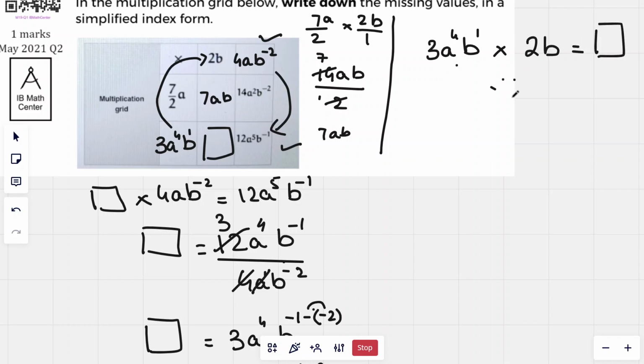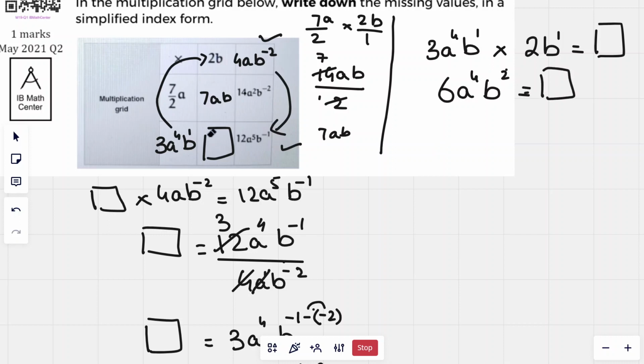So 3 multiplied by 2 is 6. A to the power 4, and there's no term in a here, so a to the power 4 will remain as a to the power 4, and b to the power 1 multiplied by b to the power 1 is b to the power 2, because when you have a multiply sign, then the powers add up. So this is 1 plus 1. So that's the missing box.